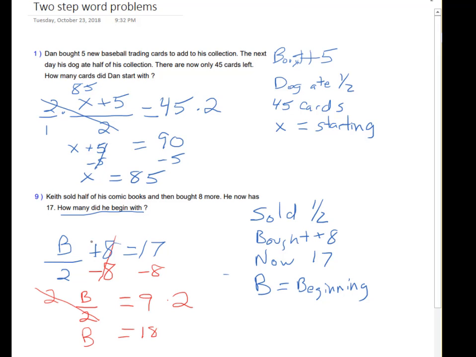Let's go back and look at our equation. If I put 18 in here for b, 18 divided by 2 is 9, plus 8 would be 17. And that is correct. 9 plus 8 is 17.